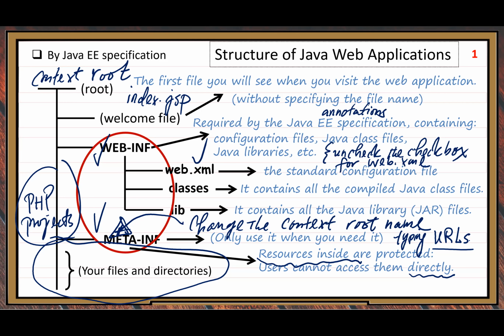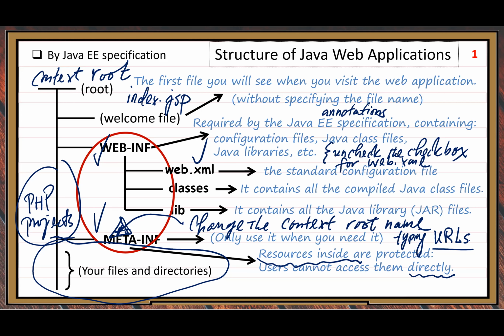So if you have some information, data, or files that you do not want your users to access without permission, remember that typing a URL requires no permission. Anyone can type a URL in a web browser. So you place the sensitive data and files in one of the two folders.